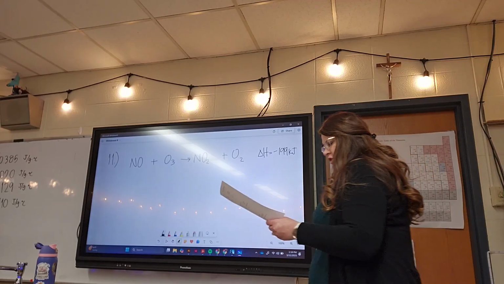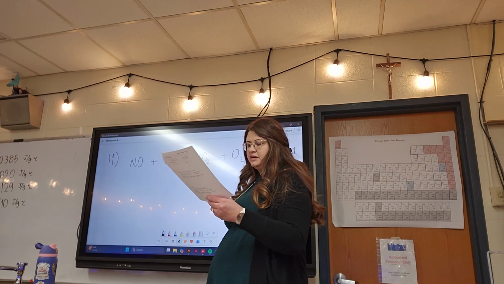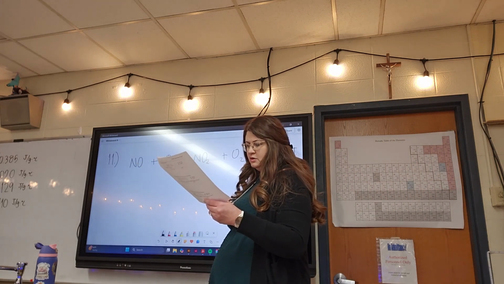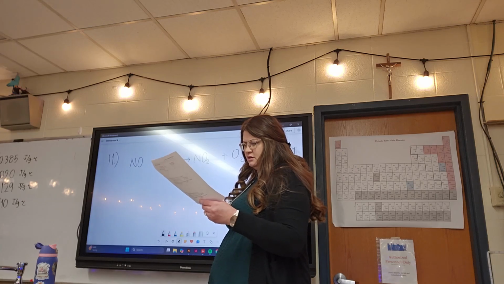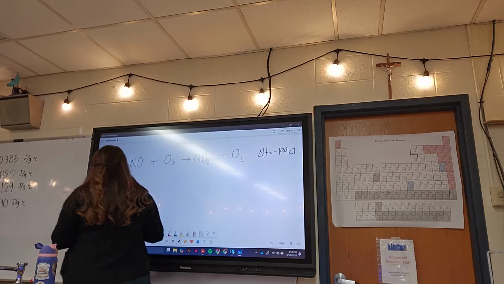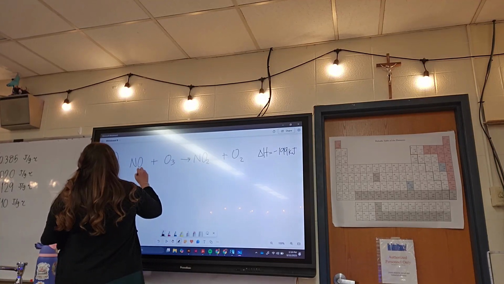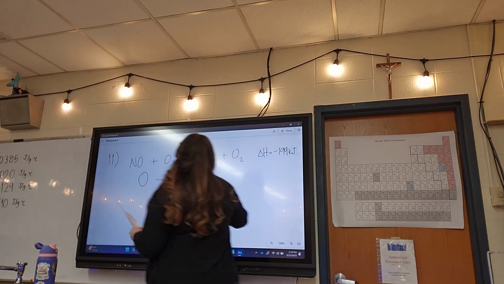Is the O on the correct side in reaction number 2? Does it have the right coefficient? No. So what are we going to have to multiply that reaction by? Negative 1/2. So we're going to get a 2 and a 1/2 O2.